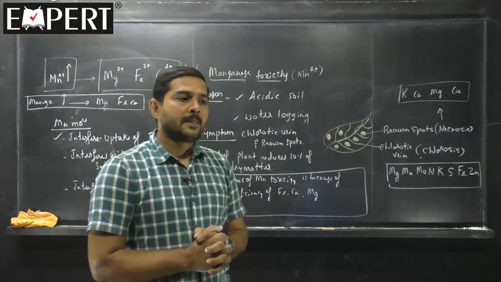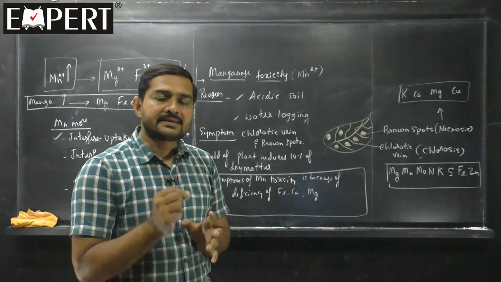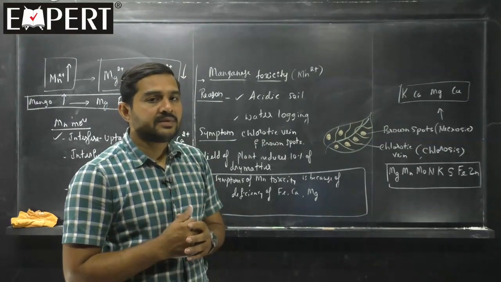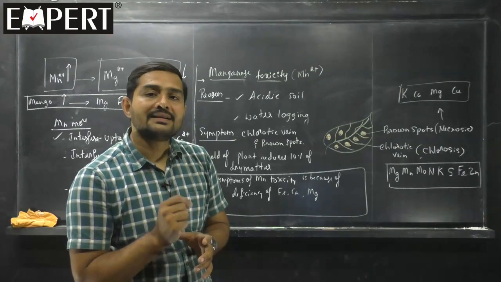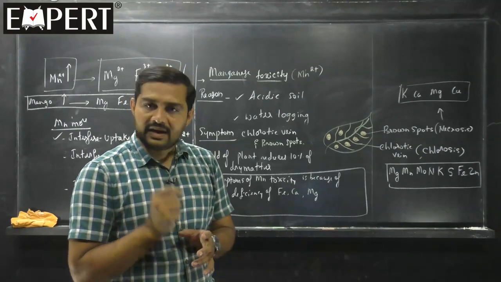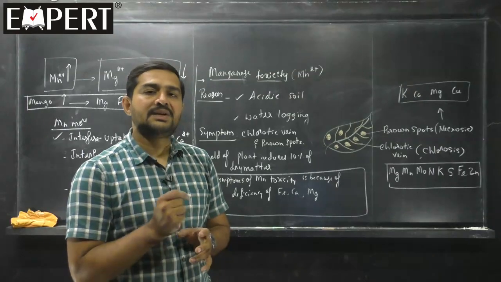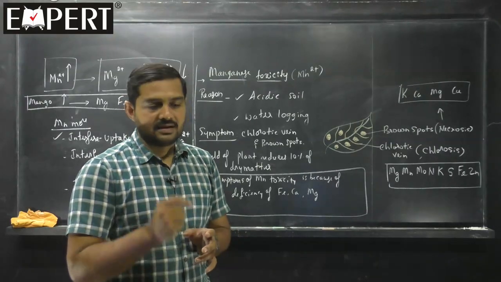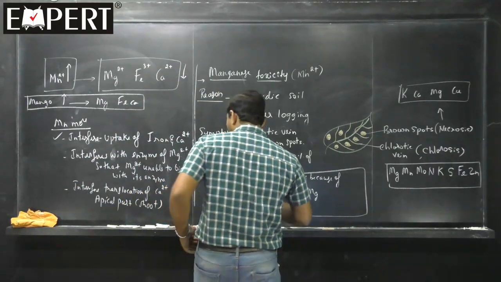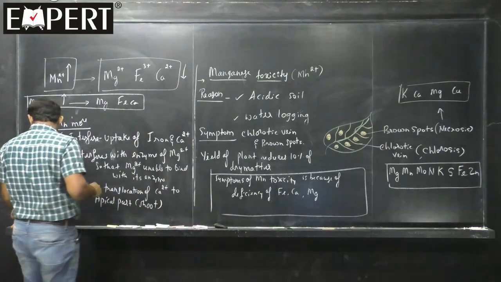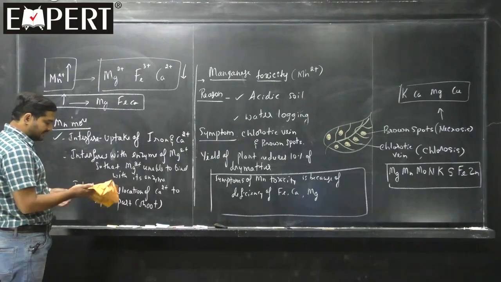Just imagine, a little excess of manganese leads to this much problem. That means how calculatedly the farmer has to apply these minerals is very important. That has to be done with the guidance of an agricultural scientist, remember. So, I am done with the concept of manganese toxicity.